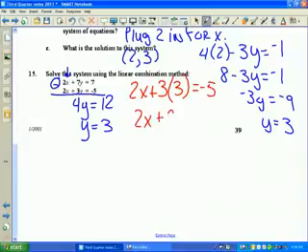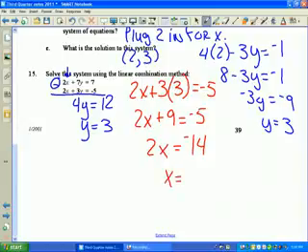So I have 2x plus 9 equals negative 5. So that means 2x is equal to what? A negative 14. Therefore, x equals negative 7. So my point of intersection is negative 7, comma 3.